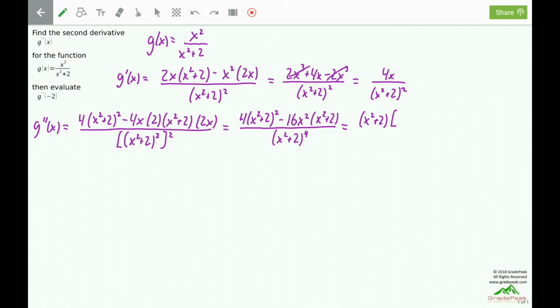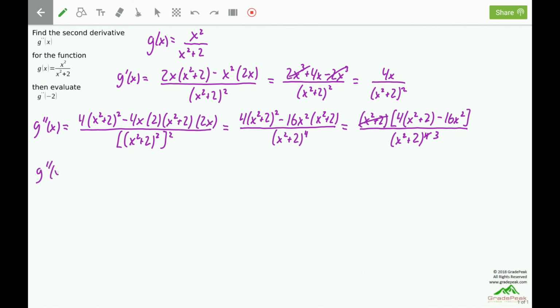We will have a 4 times x squared plus 2, and then minus 16x squared, and then all of that divided by x squared plus 2 to the fourth power. And now that we factor it, we can actually cancel that down with one of them here, leaving us with a cubed in the denominator.